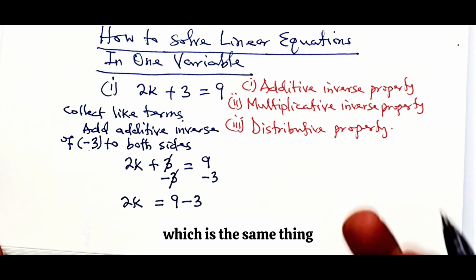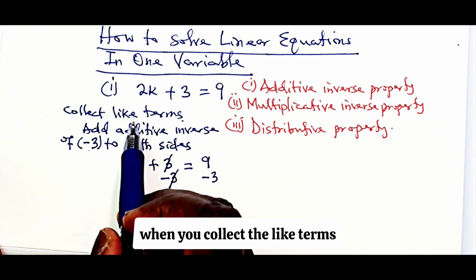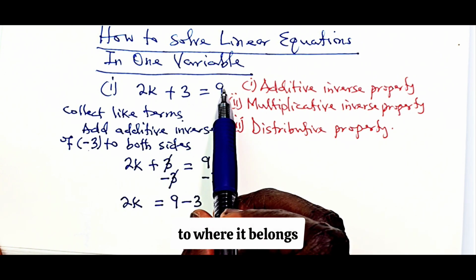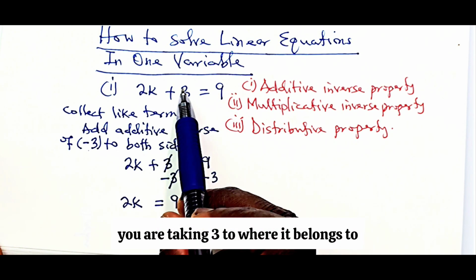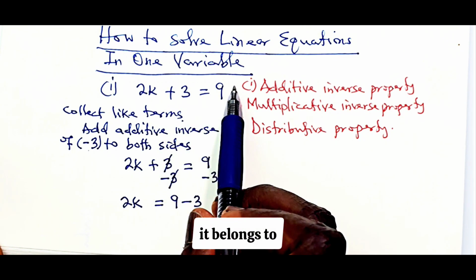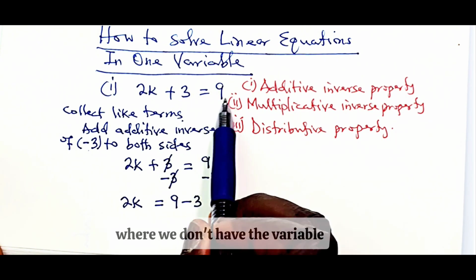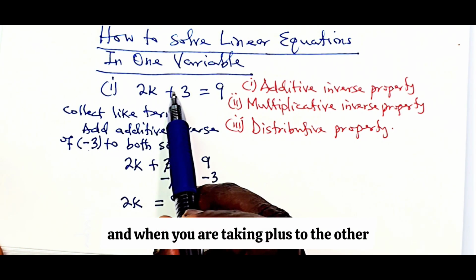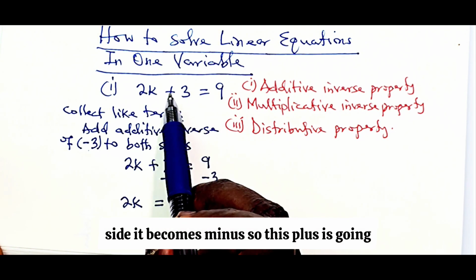Which is the same thing as when you collect the like terms. When you collect the like terms, you are taking 3 to where it belongs. And where does it belong? It belongs to where we don't have the variable. And when you are taking plus to the other side, it becomes minus.